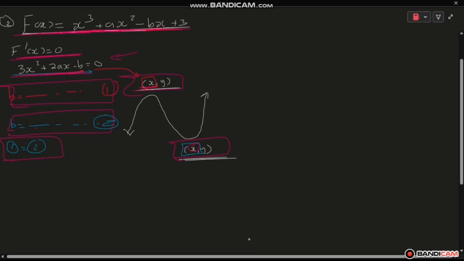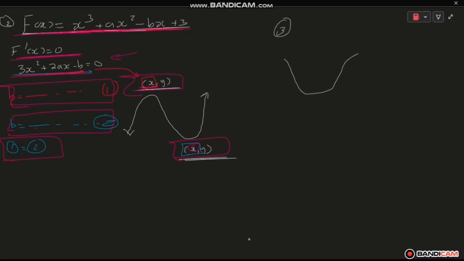Then the third one, let's say you are given a graph like this one. Let's say you have this graph over here, then you have 1 stationary point. You are not given another stationary point.